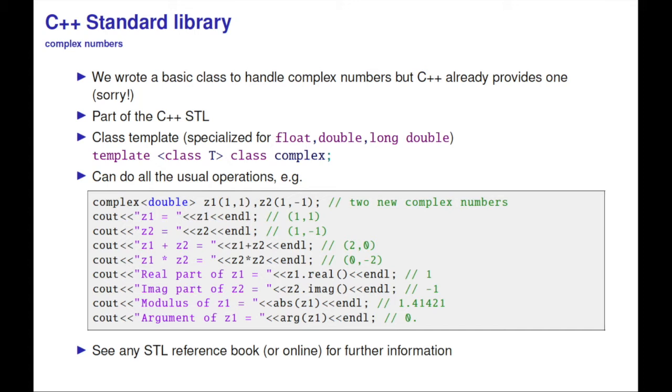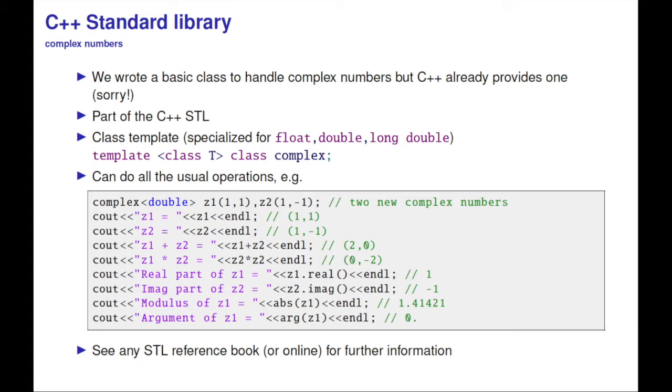For example, complex numbers. I mean, I force you to write complex numbers, but of course C++ already provides one. And I have to apologize for making you do something that C++ already has. I mean, that's clearly not necessarily the optimal practice, but it does work. So let's work our way through some of that. It's called a class template.